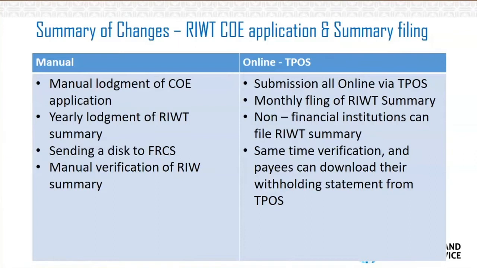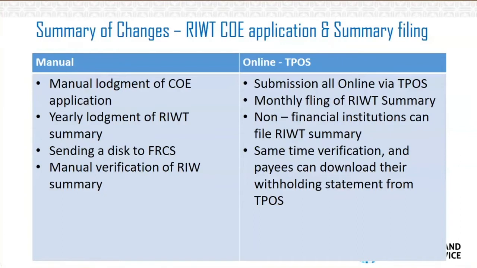This yearly lodgement is done through a disk, where the data is kept, that is sent to FRCS yearly, and also there is manual verification of this RIWT summary. Now, the change brought about by the TPOS is the submission of online applications, and also the submission of online filing via the TPOS.